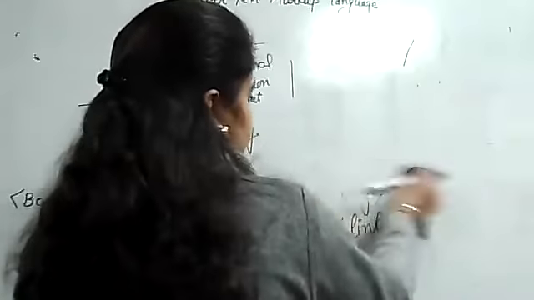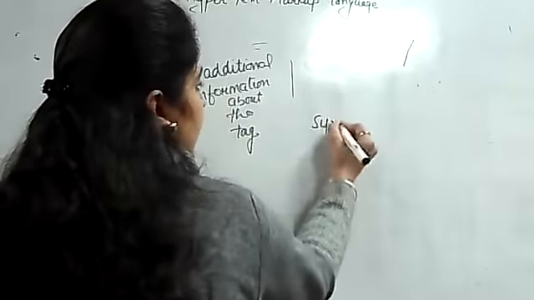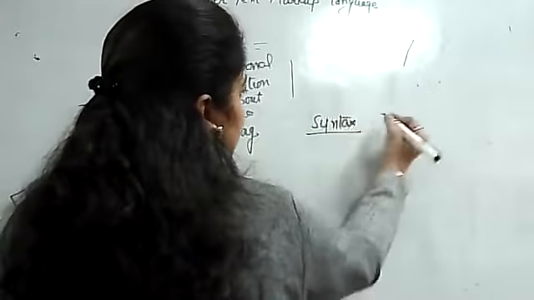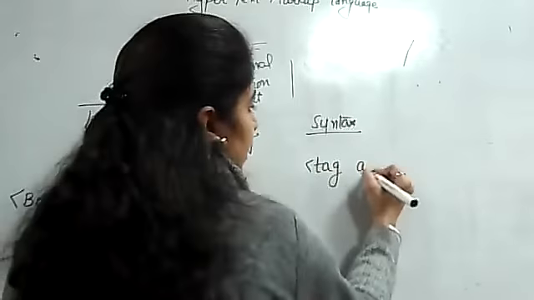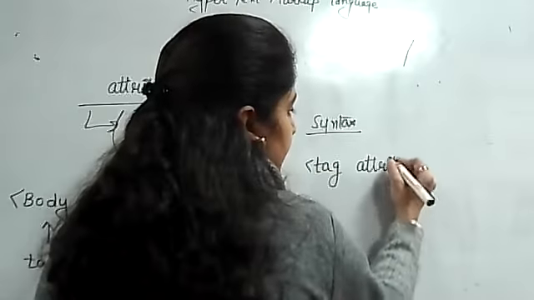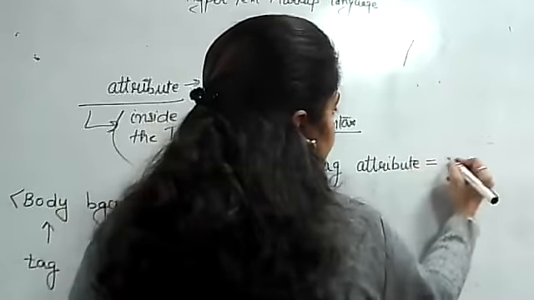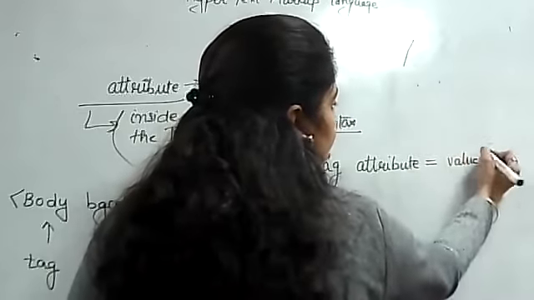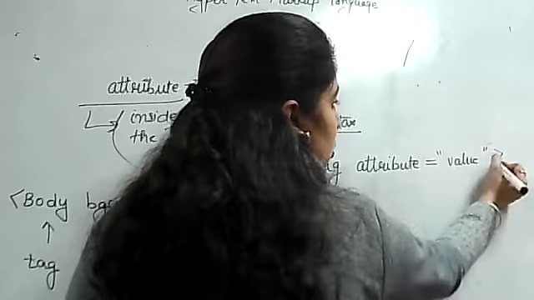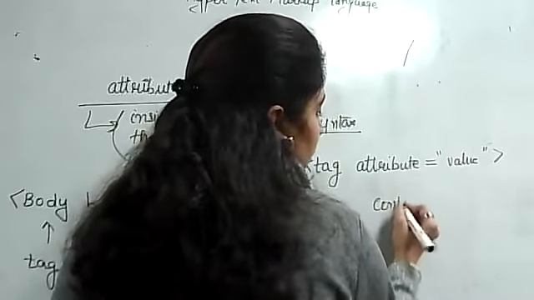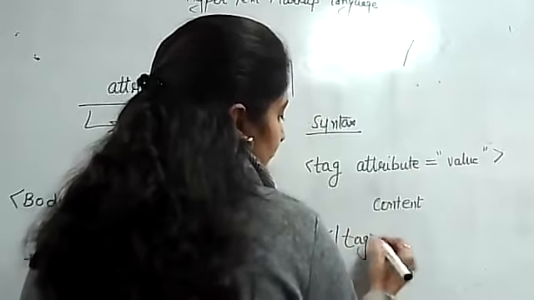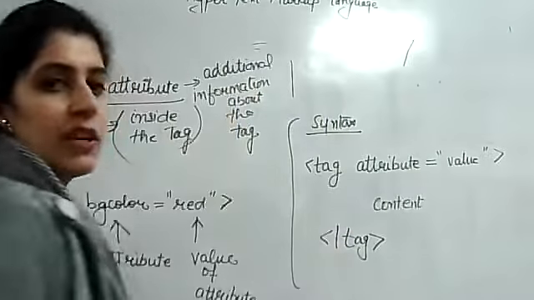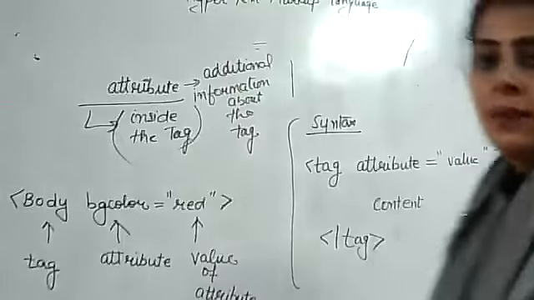Now the next, the syntax of writing any tag. There should be the tag name, then the attribute, then the value. The value is to be written inside double quotes. Here the content of a tag will go, and then you have to close the tag. So this is a general syntax for writing any tag.